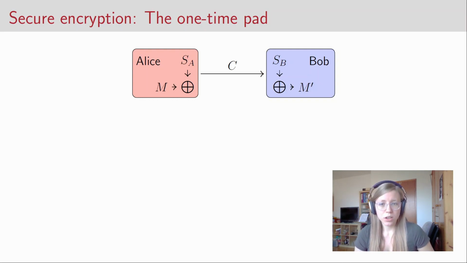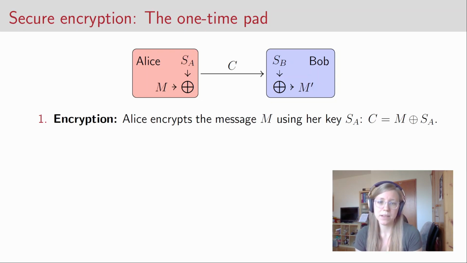When we now talk about messages and keys, what we actually mean is bit strings. So from now on, every time I say message or key or ciphertext, I mean a bit string. Okay, let's see how this protocol works.